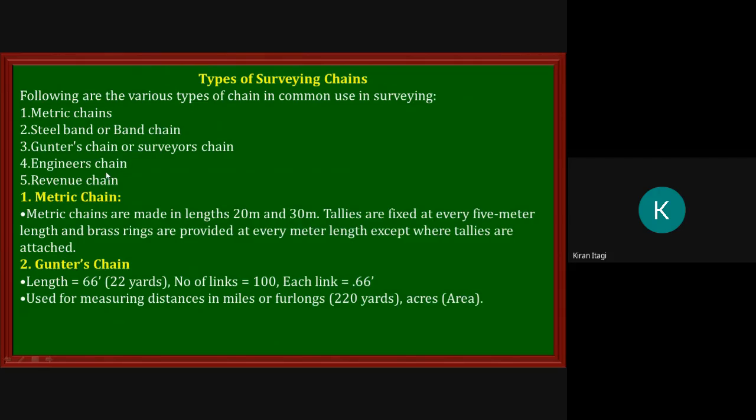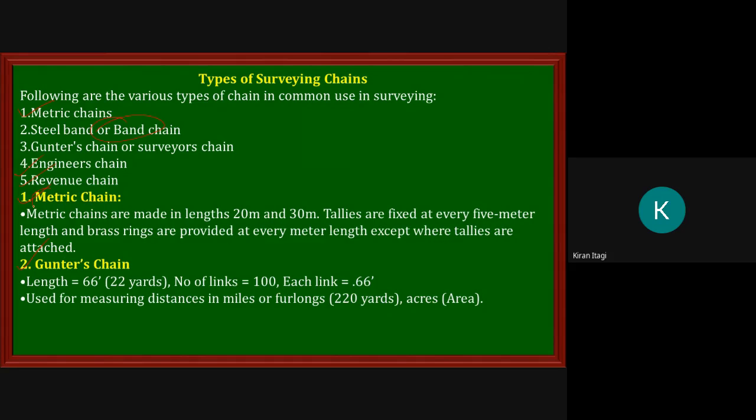So we have different types of chains. Initially, what I have said, there are different types of chains. The first one is the metric chain. Next, we have Gunter's chain, engineer's chain, surveyor's chain, and steel band. We will see them one by one.